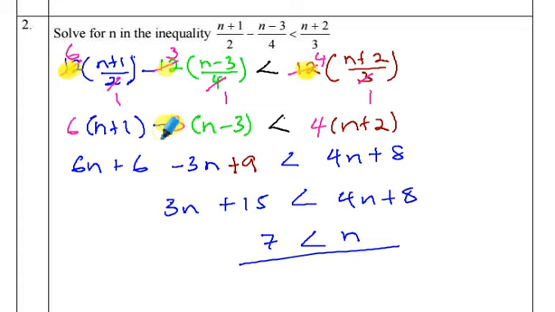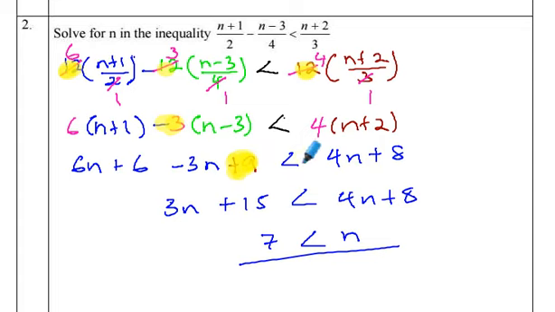Whenever you have a minus sign in front of the brackets, you need to be extra careful. When I multiply, I have minus 3n, and this times this gives a positive 9. This is where most people get it wrong, a positive 9. When you get that right, you can't go wrong.